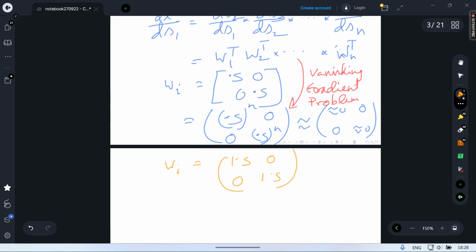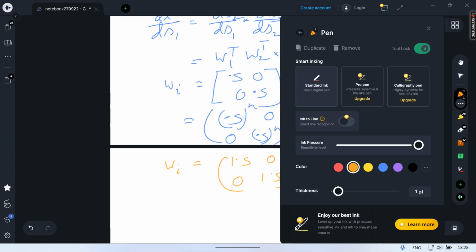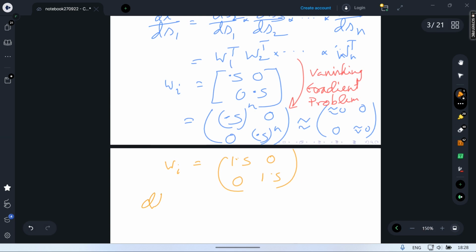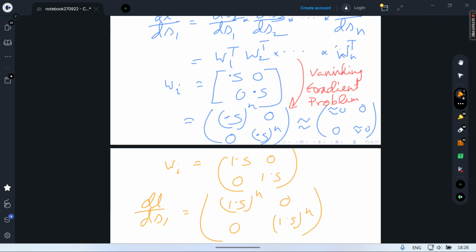The ds1 will be 1.5 to the power n, 0, 0, 1.5 to the power n. As you know, as n increases, 1.5 to the power n can be very large. So in this scenario, the value of the gradient becomes very large.